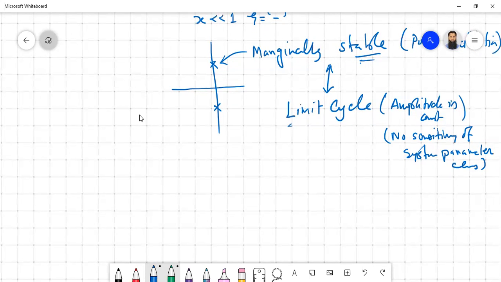Because of that, it is undesirable. But the limit cycle is sometimes desirable, like in the laboratory, where we can produce electrical or electronic oscillation to do some experiments. So the limit cycle can be desirable, or at times undesirable.